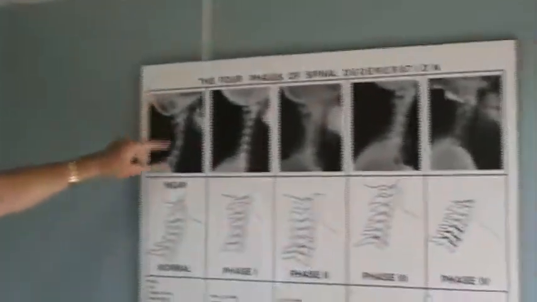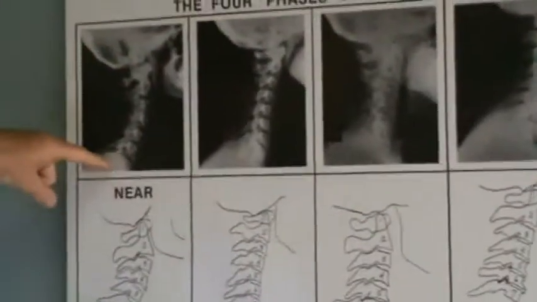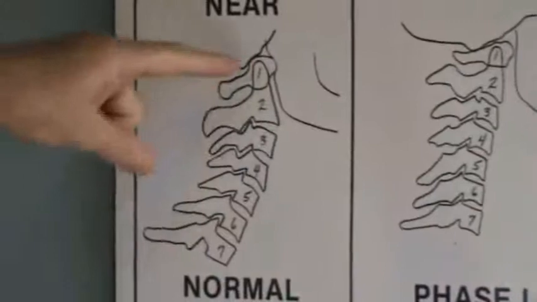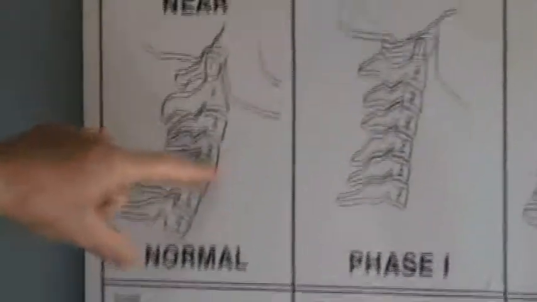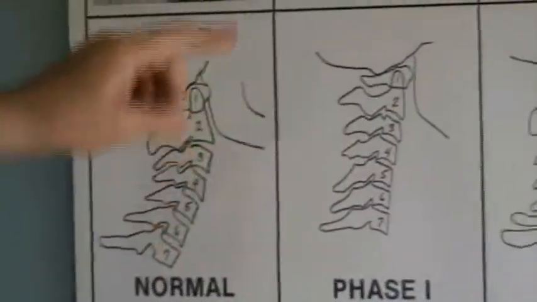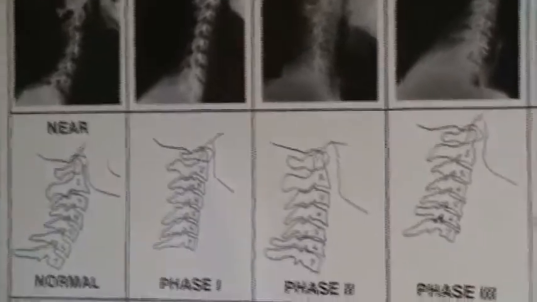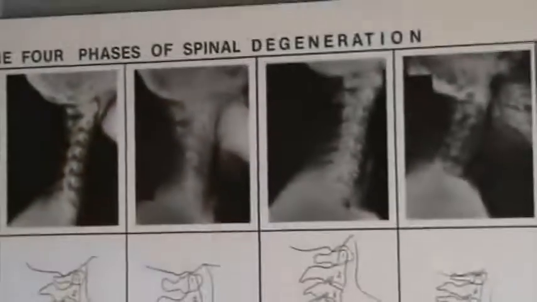Now if we look over here on the chart, you'll see an x-ray of the side view of your neck, or the cervical spine, and down here is the diagram to show what it looks like. The space of course is the disc, and when you lose the curve in your spine, as it begins to straighten, that's the first stage, phase 1 of spinal degeneration.